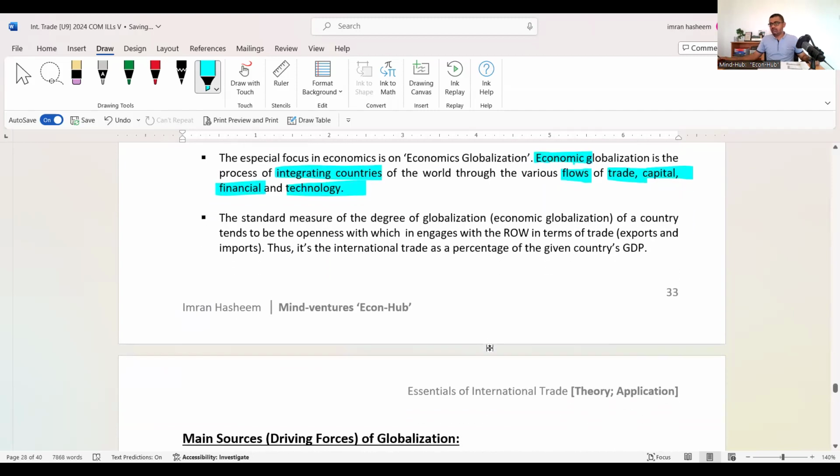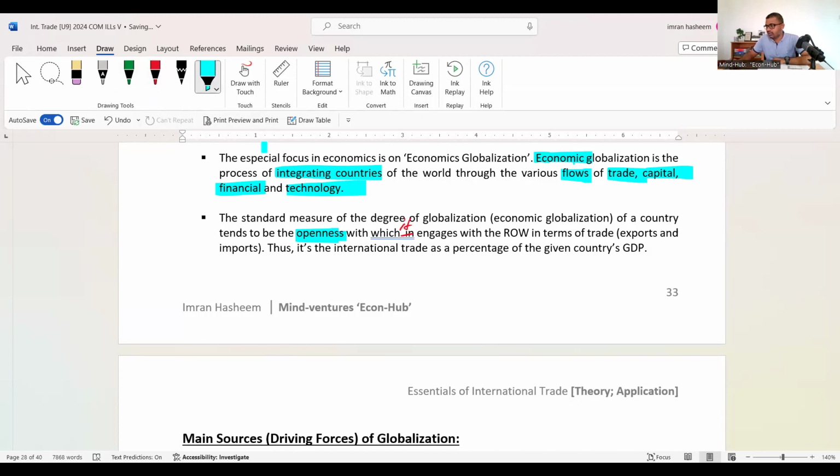The standard measure of the degree of economic globalization of a country tends to be the openness of the economy. How do we measure how globalized the country is? Openness with which it engages with the rest of the world in terms of trade.